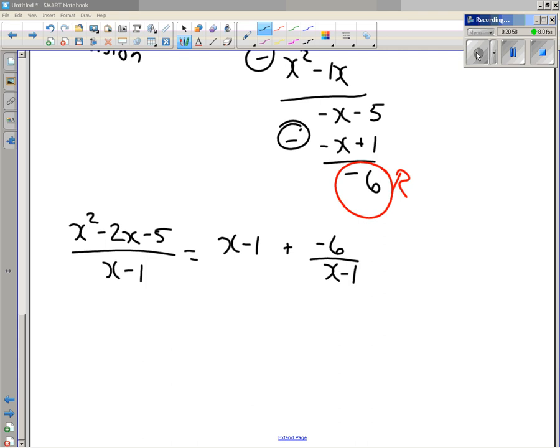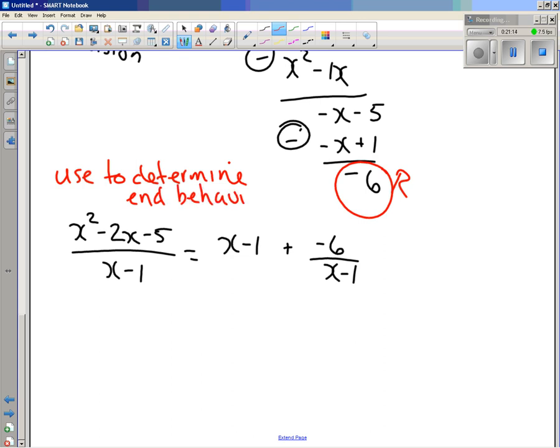So we're going to use this division statement to determine our end behavior.